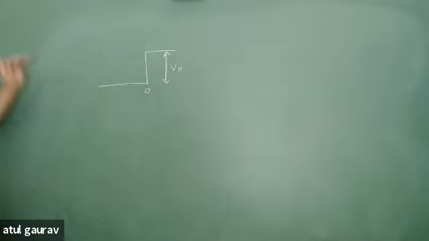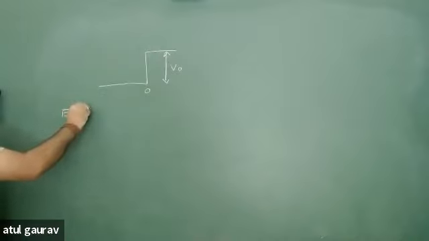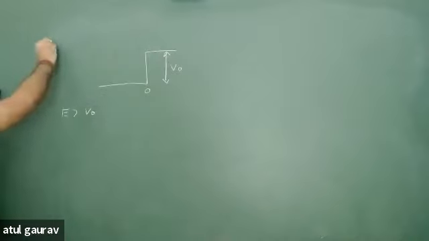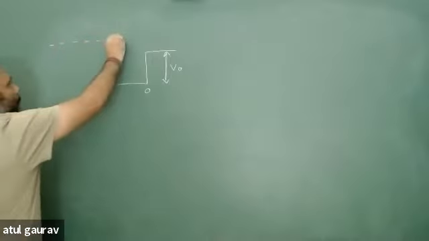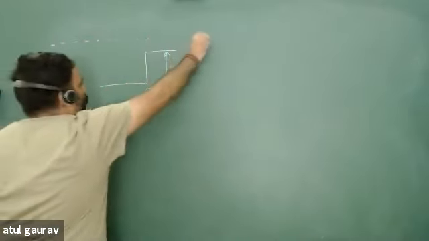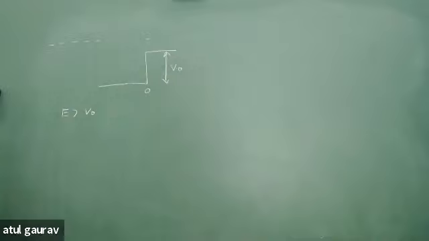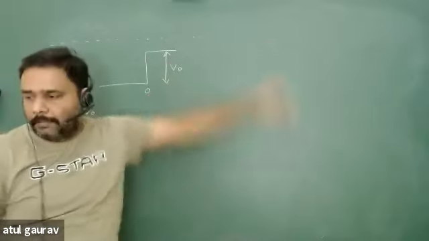And you can throw the particle from the left. So what will happen classically? The first case, we are taking E greater than V naught, so I am sending the particle at this energy level. What will happen classically? If I throw 100 particles, for the first particle, suppose I am taking a marble, it will just cross it.